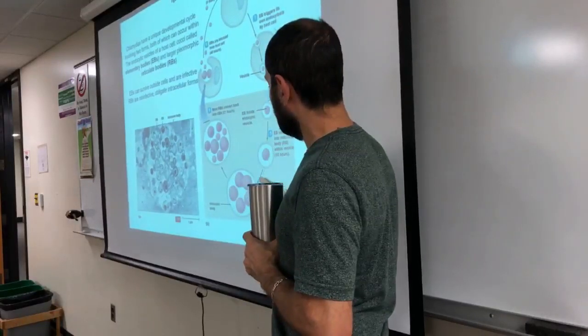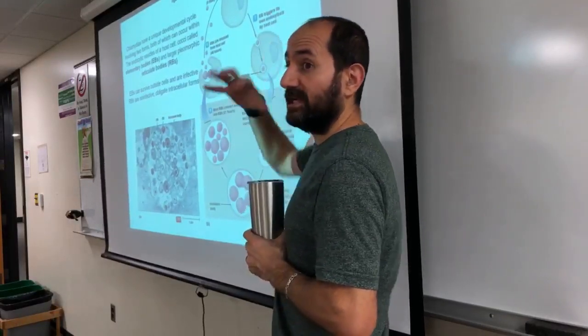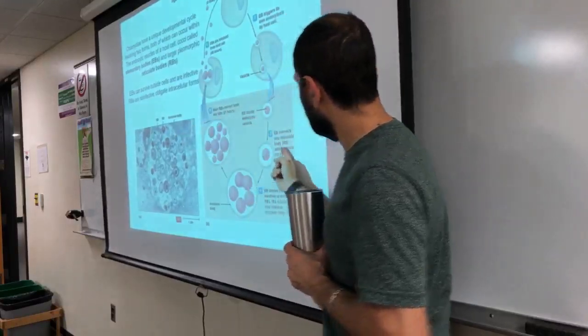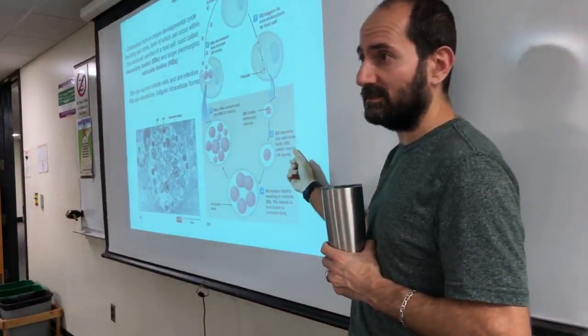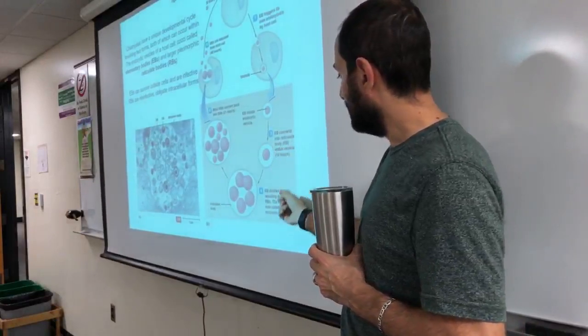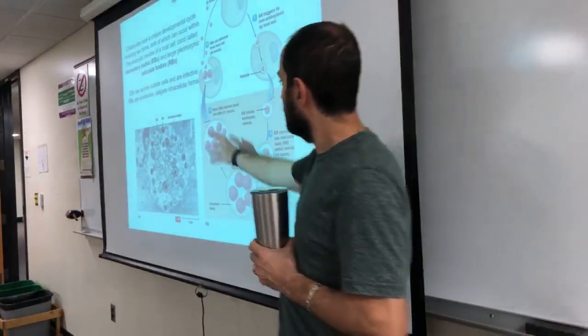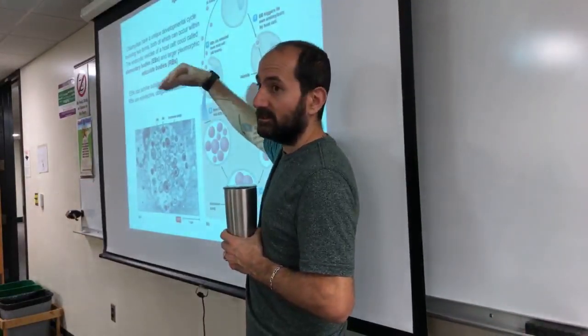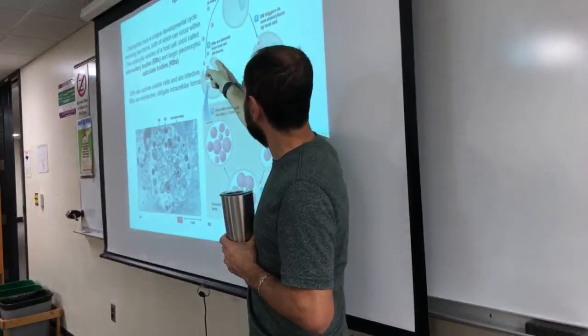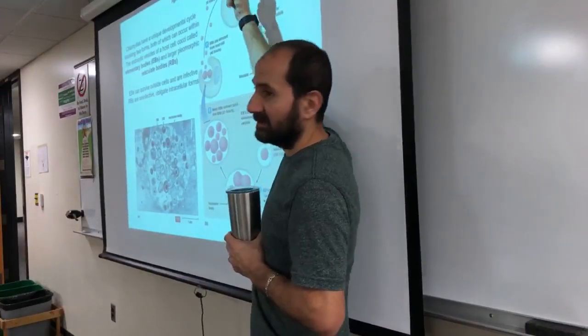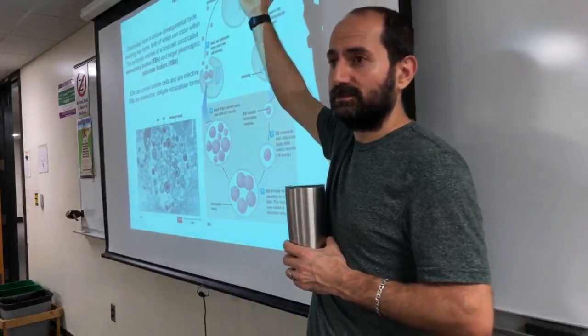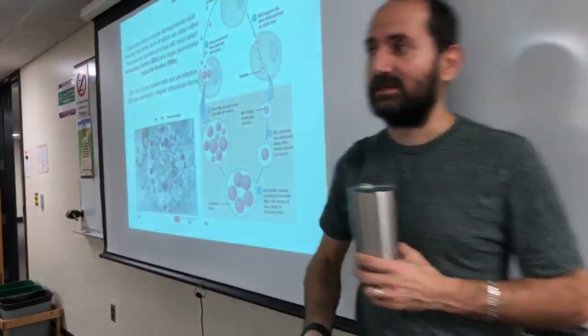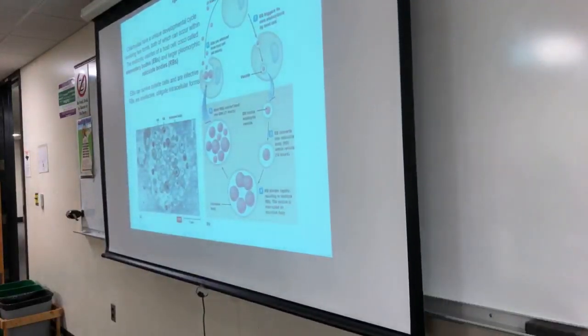Then once inside, it converts to a reticulate body, right? From that, it can divide, reconvert to elementary bodies, and eject out of the cell, trigger exocytosis, and infect the next cell, right? So do know the life cycle of chlamydia.